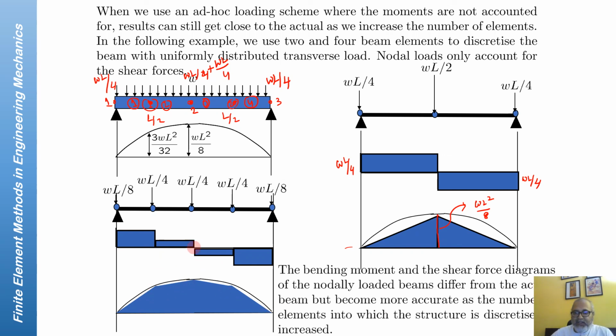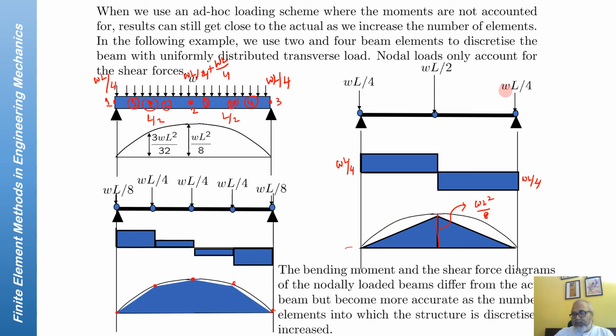And you see that you still have linear variations which don't match the actual quadratic one, but the gaps have reduced because you are now matching the exact bending moment at all these points, though here you have less error than this.